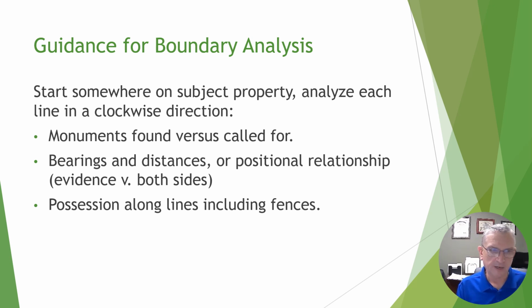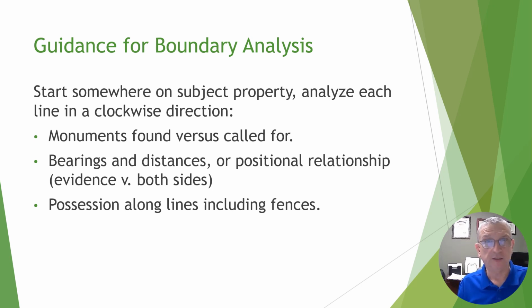If you're not certain about a pin, or if there's no good way to confirm the position of a pin, say that it says north 700 feet more or less to an axle, fence east to the road. You don't have a distance to the road, so you don't have anything more than a northerly direction and a distance that has one significant digit to confirm that point. So if you find a pipe out there, well, maybe you found it, but you don't really have enough information to confirm it.